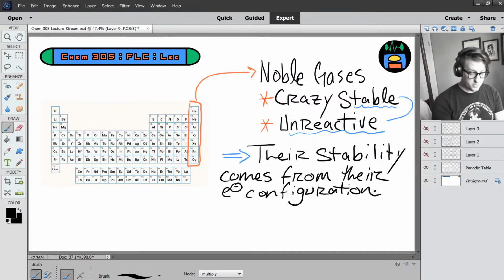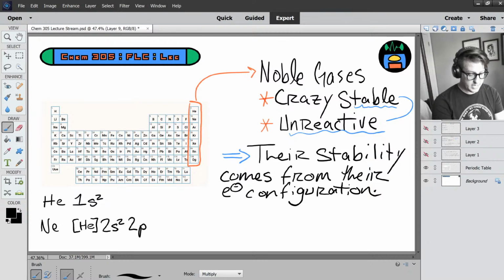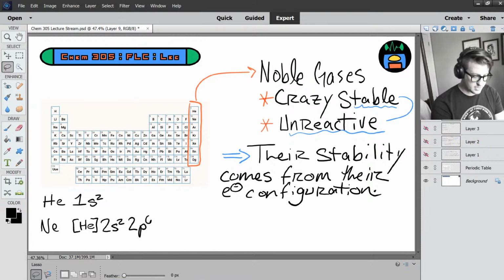All right. When you look at helium, for example, the electron configuration for helium is 1s2. If you look at neon, 2s2, 2p6.